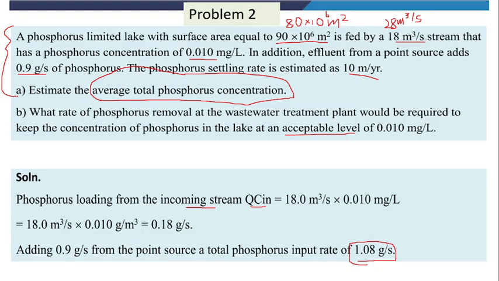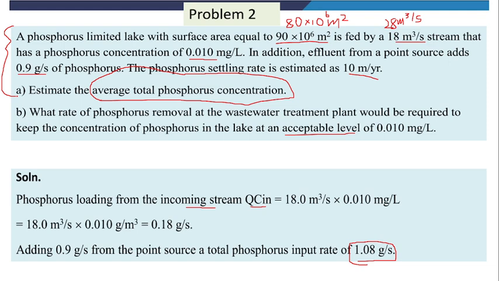For the new values, I have changed the surface area from 90 into 10 power 6 meter square to 80 into 10 power 6 meter square, and the flow rate of the stream from 18 meter cube per second to 28 meter cube per second. The phosphorus concentration is the same, which is 0.01, and the point source addition rate is also the same, which is 0.9.